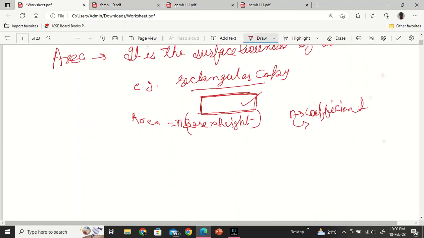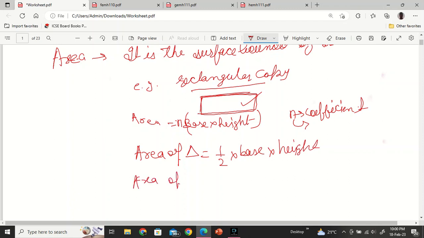For example, the area of a triangle is equal to 1 by 2 into base into height, and the area of a parallelogram is equal to base into height. Here the coefficient is 1 and here the coefficient is 1 by 2.